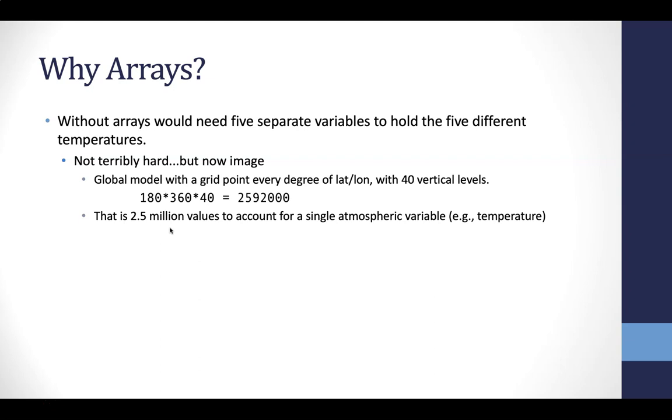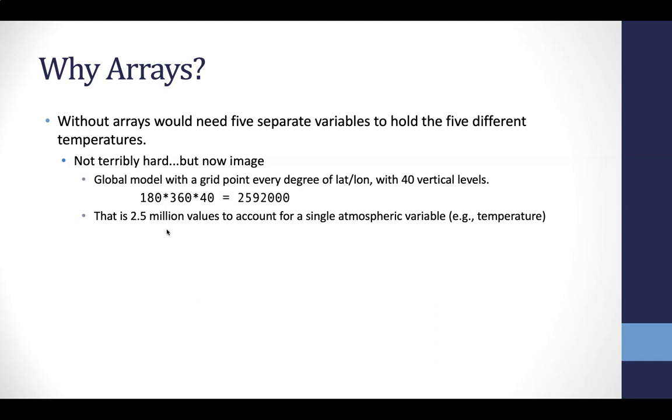And so we multiply all those together and we have 2.5 million points. That's a lot of points. We really wouldn't be able to have 2.5 million different variables within our program and make it readable in any way whatsoever. And this would be 2.5 million values for a single atmospheric variable, say temperature.